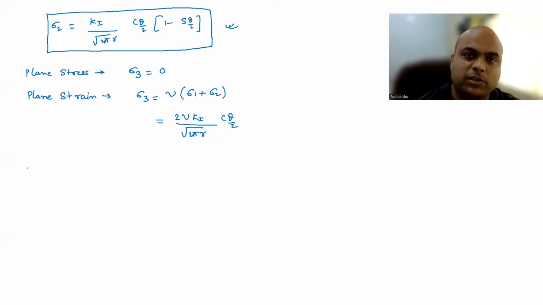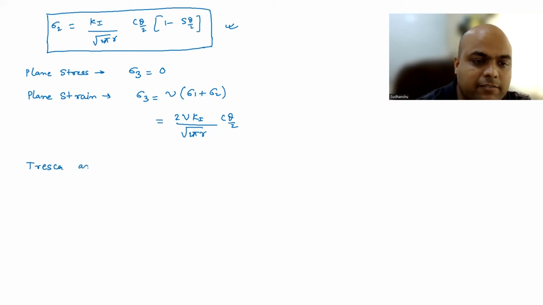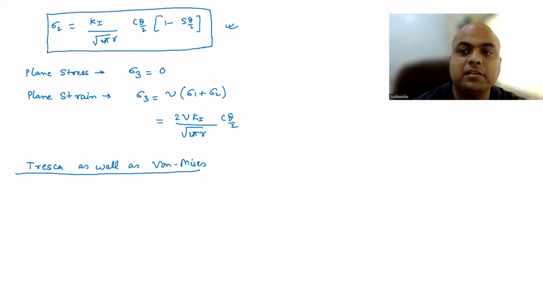And then we will see what happens in plane strain condition. Okay. So let me write down first the two criteria. So we are going to use Tresca as well as von Mises. And then we'll compare, okay, the plastic zone size when you use these two.